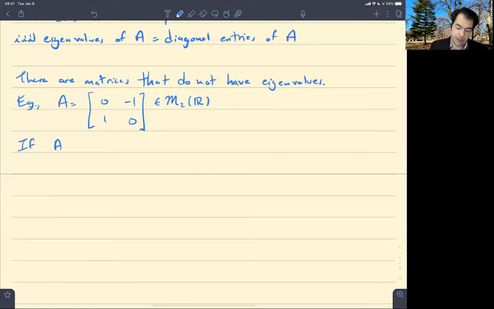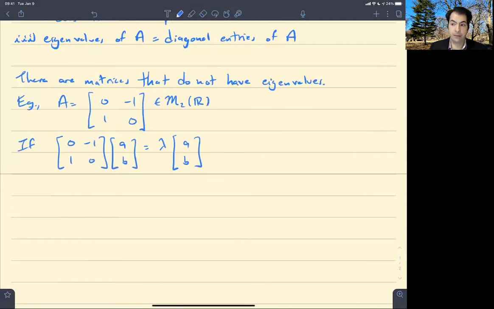Assume that you had some vector, say with entries a and b, so that when the matrix hits it, you get lambda times (a, b). Okay. So writing out the product, we end up with two equations. Minus b should be lambda a, and a should be lambda b.